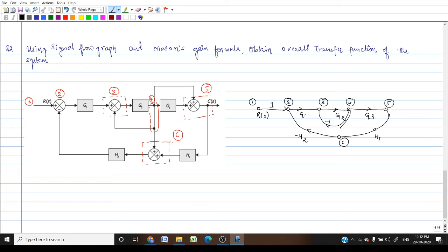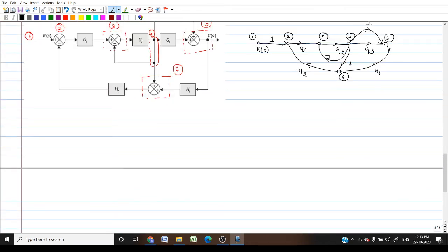It is from 4 to 6, this is 1. Here it is minus 1. And then we have one more from 4 to 5, again a positive feedback, so this is plus 1. This is the resultant signal flow graph.